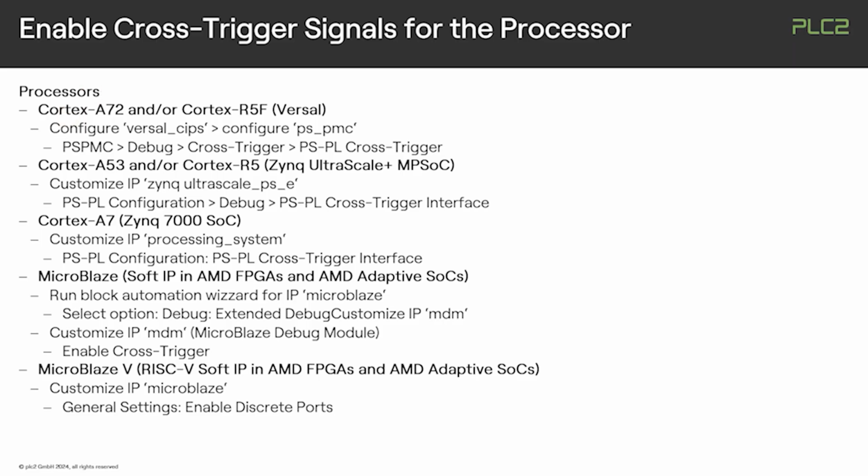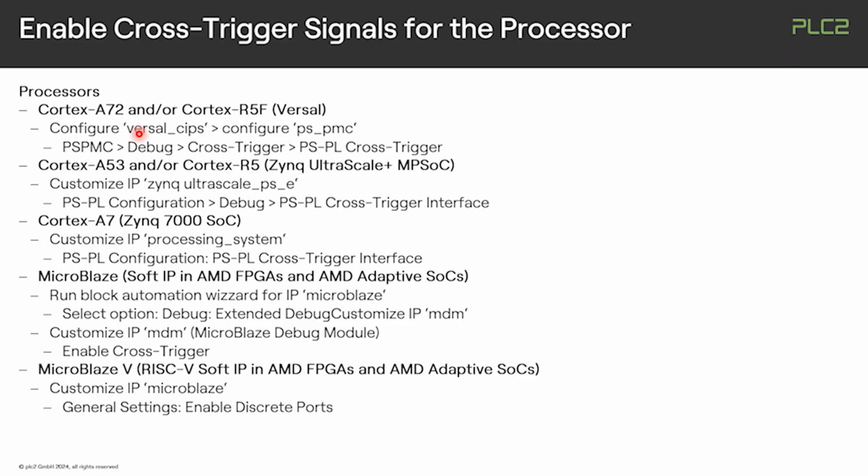And for the different platforms, the different devices, we have here a list of the processor CPU cores. Also the R5 cores are available for MPSoC devices and for Versal devices.